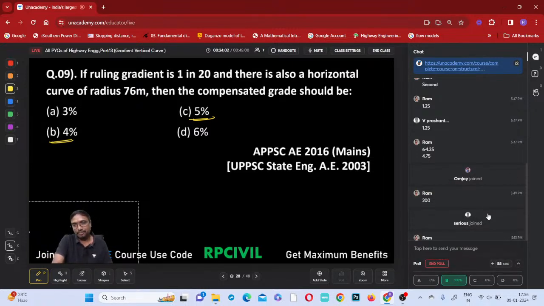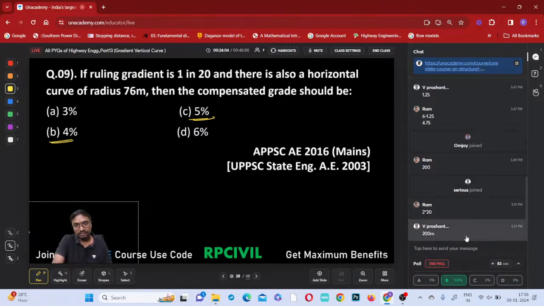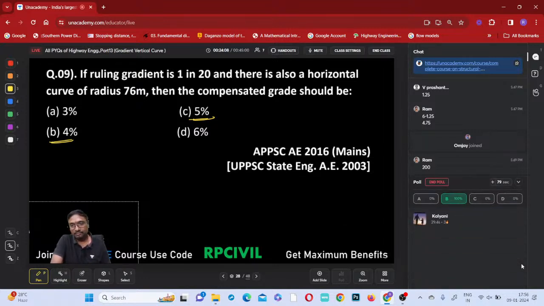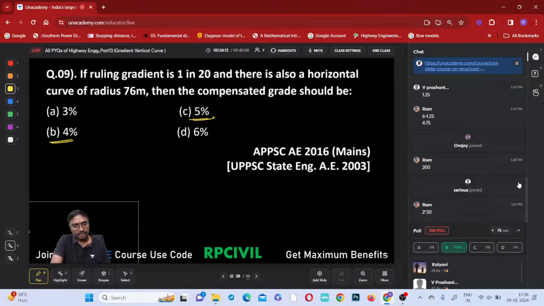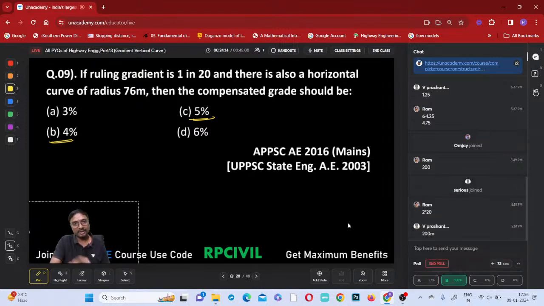Kalyani answered from special. What about the others? Prashant also answered from special class. This is a repeated 2003 question, again in 2016. It is repeated, if you just observe. Prince Kumar.